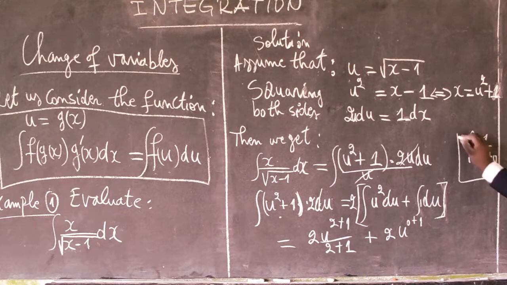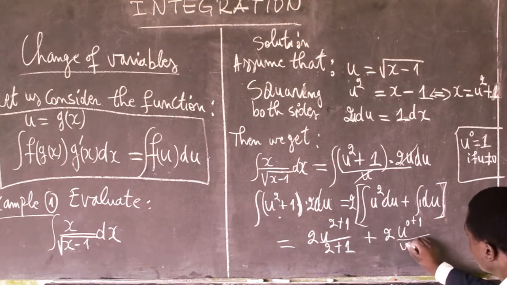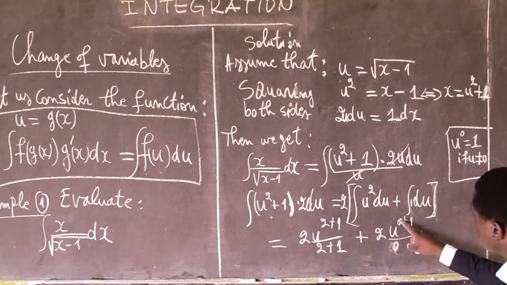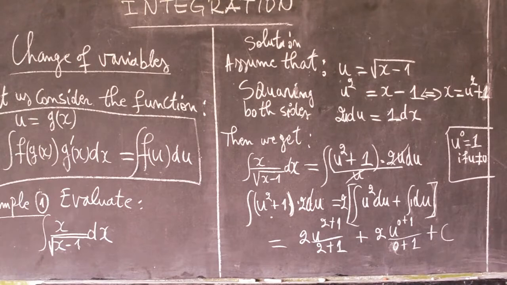Okay, so we consider this condition, then we apply it here, and we get u power 0 plus 1 over 0 plus 1 plus c.